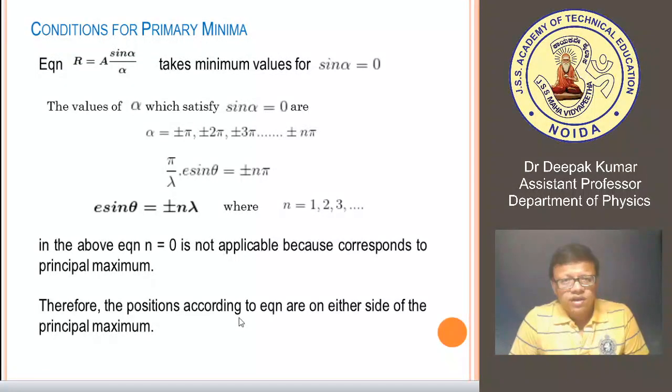So if I want sin alpha equal to 0, my alpha must be plus minus pi, plus minus 2 pi, or an integral multiple of plus minus pi.